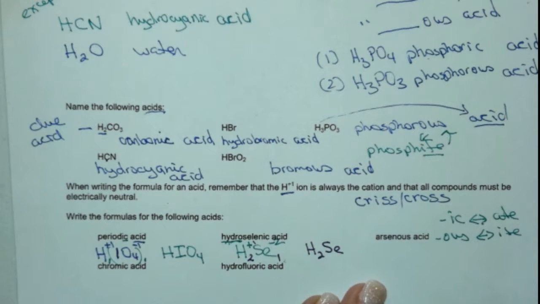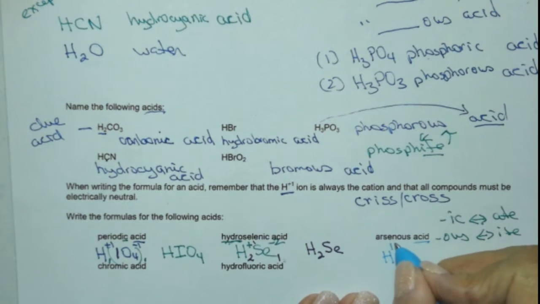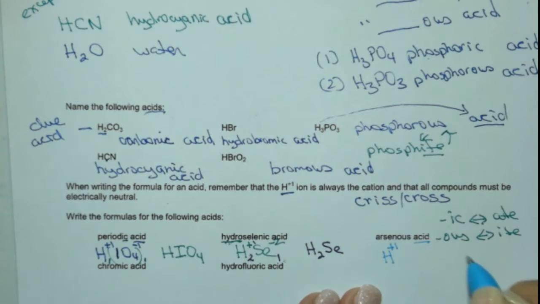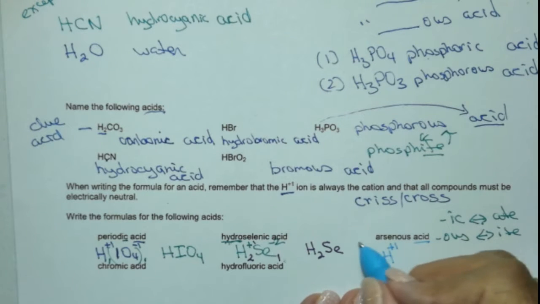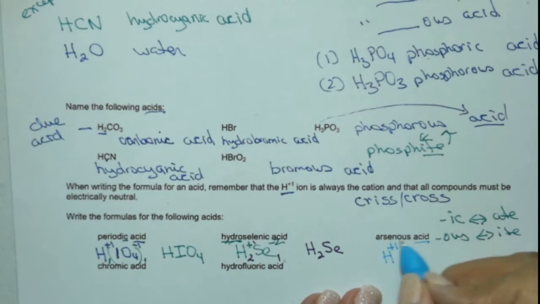Looking more for clues. Next one. I see acid, write H +1. I don't see hydro, so this means this is not an element, must be a polyatomic. And I see us, so this must be, instead of arsenous, it's changed to arsenite.